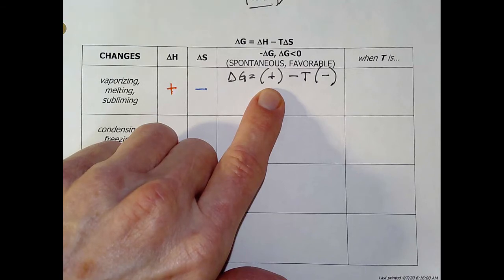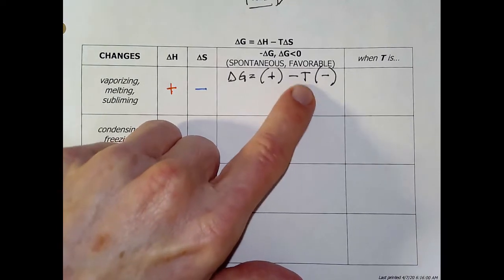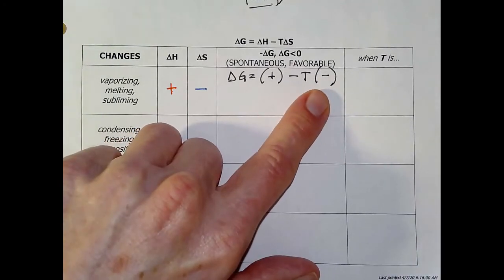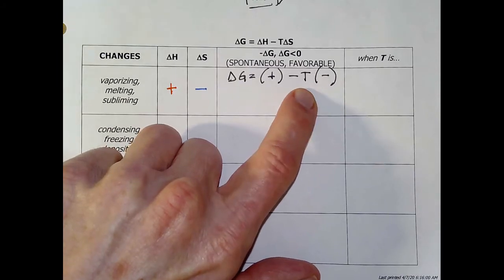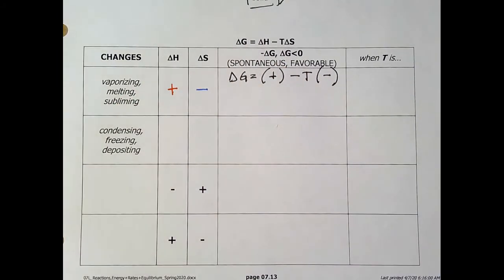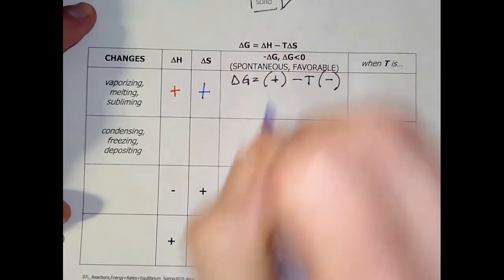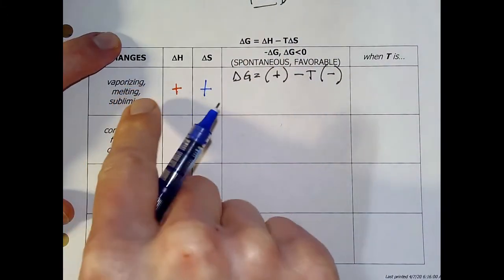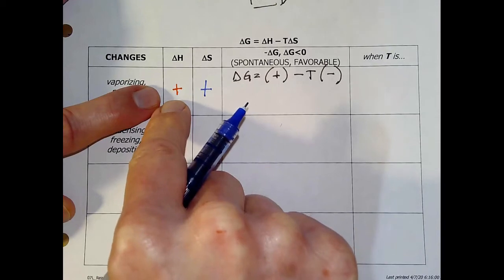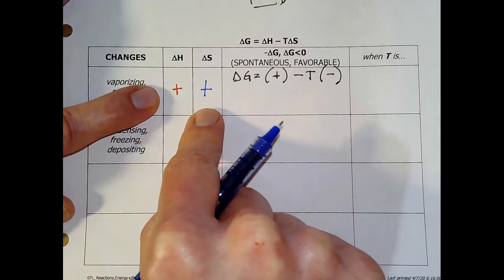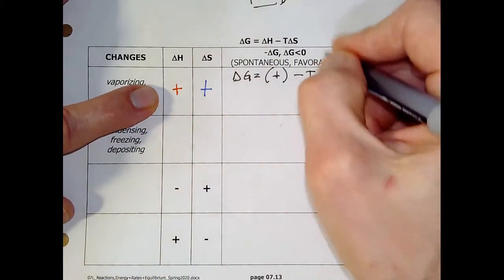Oops, sorry. Let's fix that, of course. We just drew the picture. Vaporizing, melting, subliming required heat. It was endothermic, and it got messier, which means this term over here, my delta S, is positive.